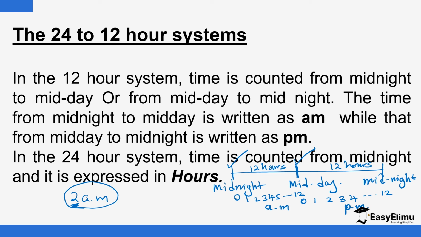And again, when you write 2 PM, this means it is past midday, so we know this is the second half of the day. We are starting from noon, and 2 hours have elapsed. So you should have that interpretation accurately.